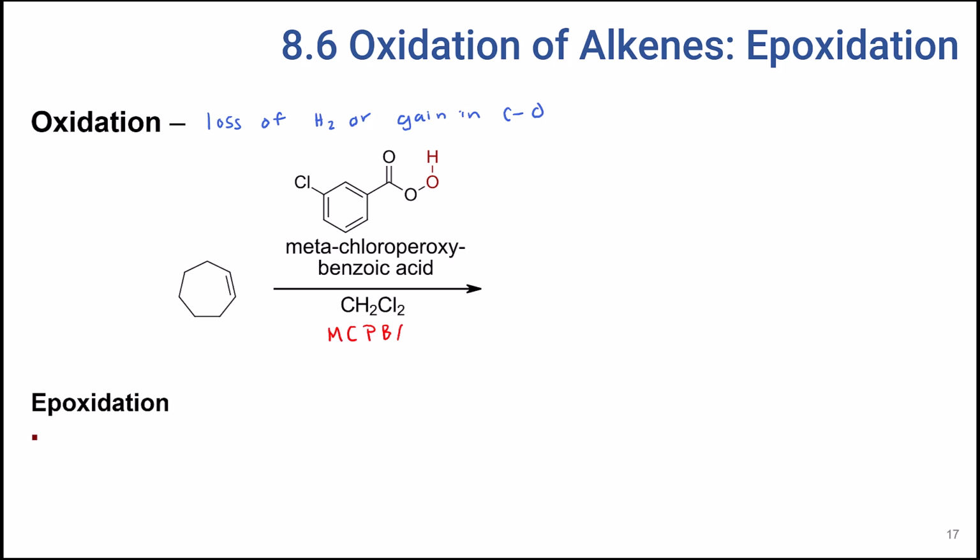And what that is going to form is an epoxide, which is a 3-membered ring with oxygen in it. We also get the metachlorobenzoic acid as a side product.